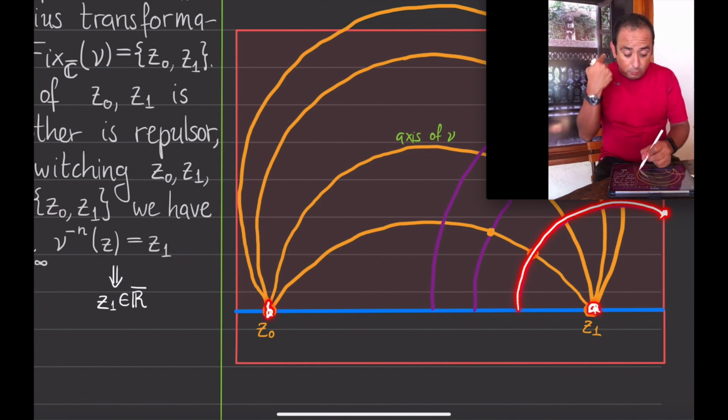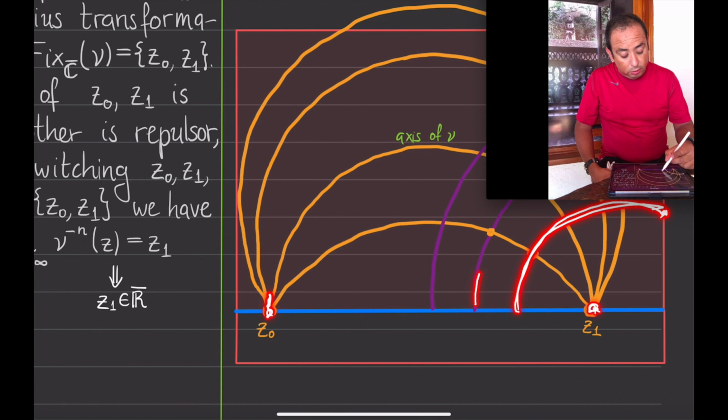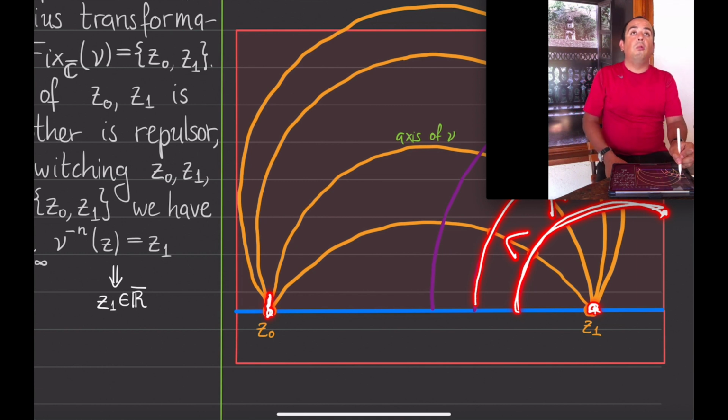If I take one of those shortest curves and I take this cross section, the image is another cross section of the same form, that is another segment of an Apollonius circle, and this is how the whole discrete flow works when I iterate nu.